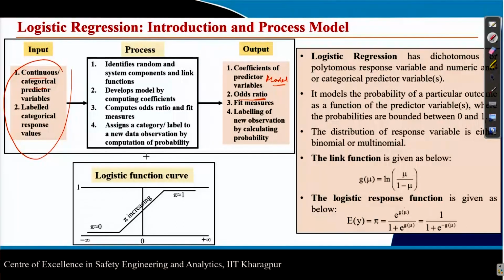You have to compute the parameters, and then obviously some kind of classification approach, because if there are two classes, for a new observation you are saying it will go to class 1 with certain probability, class 2 with certain probability. Now the question is what is that probability value? If it is above that, we say it goes to class 1, if it is below that it goes to class 2.